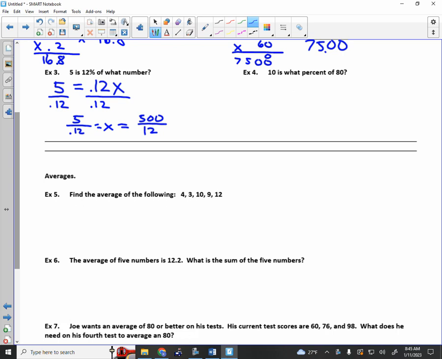I could probably reduce this a little bit, couldn't I? What are 500 and 12 both divisible by? Divide both by 2. I would get 250 over 6. 250 and 6 are both divisible by 2. I could write that as 125 over 3.